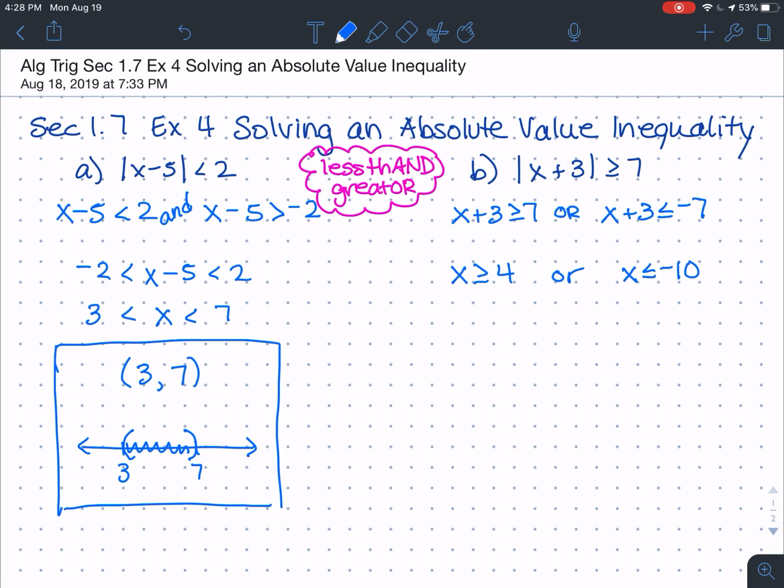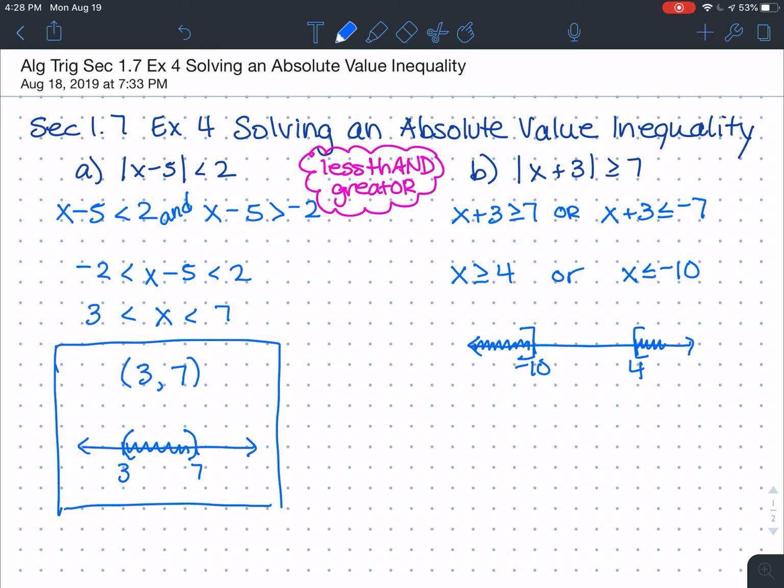So if I think about the shading on the number line, I want to be less than or equal to negative 10. So I put the bracket on negative 10 and then open in the direction of the shading. I want to be greater than or equal to positive 4.